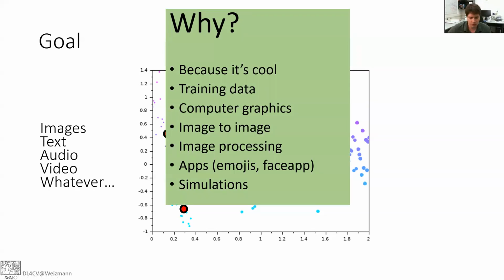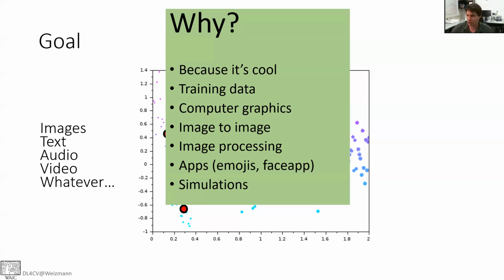When you're trying to think about why one would want generative models, there are some very obvious reasons. First of all, it's really cool to be able to generate images. You may use generative models to create more training data for supervised learning, and you can do very cool stuff for computer graphics, for example creating anonymous figures and by this keeping privacy, and creating textures and structures for computer games.